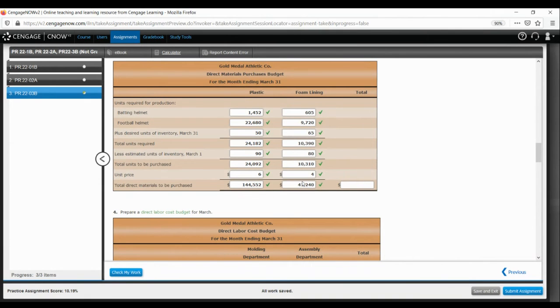The very last thing that you need to do on the direct materials purchases budget is add the total cost of both products together, combine them together to get the total amount here.